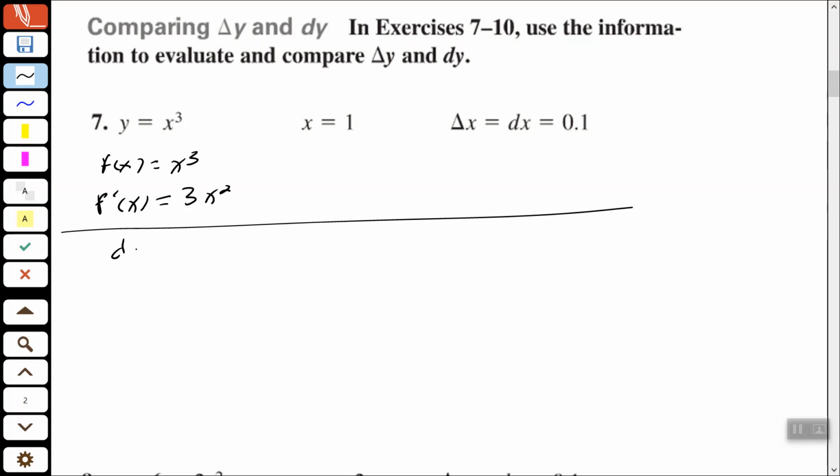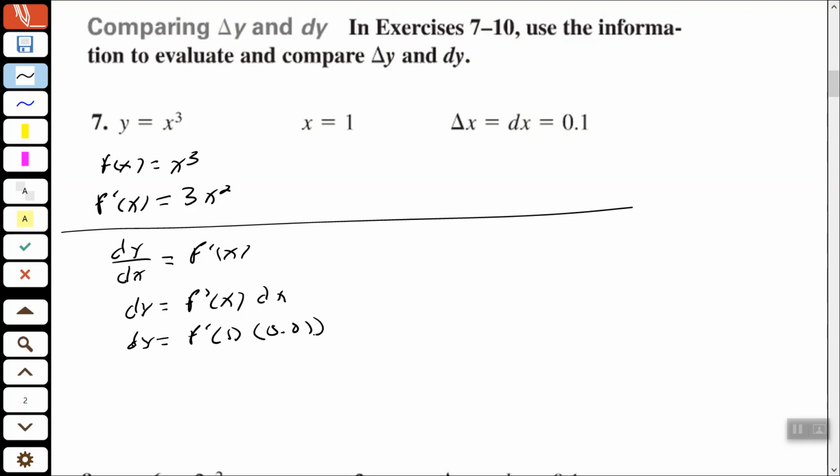All right, so to find the differential of y, remember dy over dx equals f prime of x. Therefore, dy equals f prime of x times dx. So dy equals f prime of, in this case, it said let x equal 1. dx is 0.1, sorry.